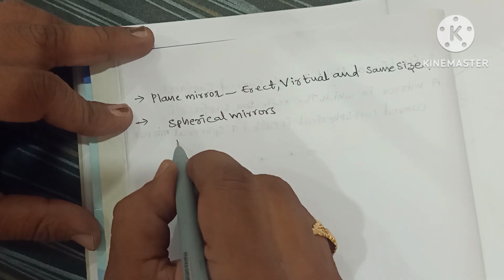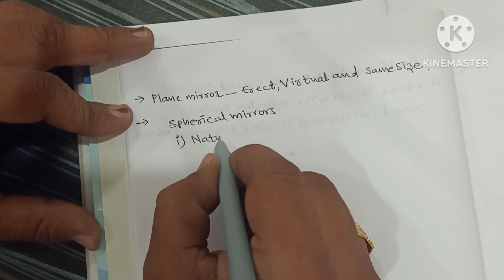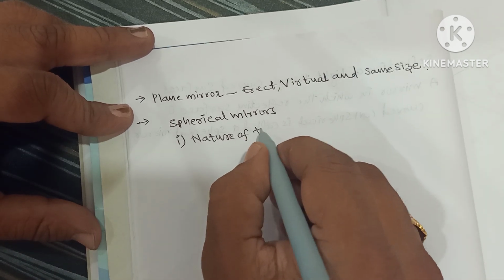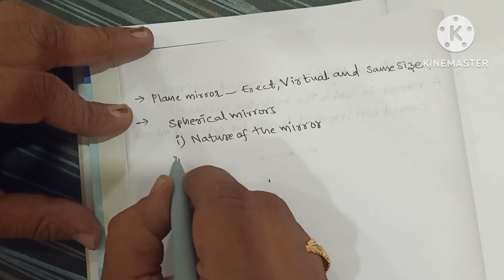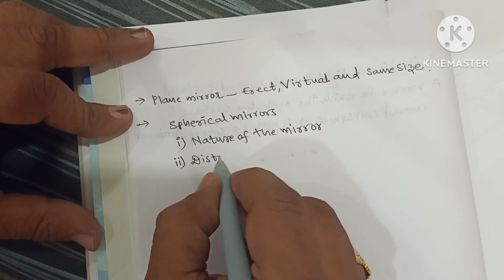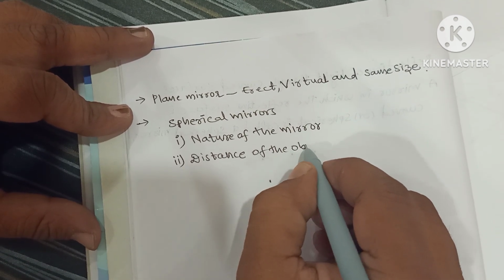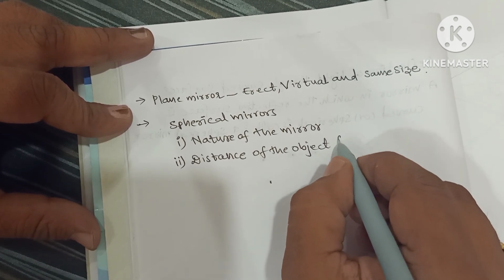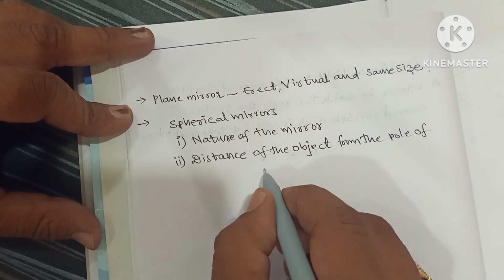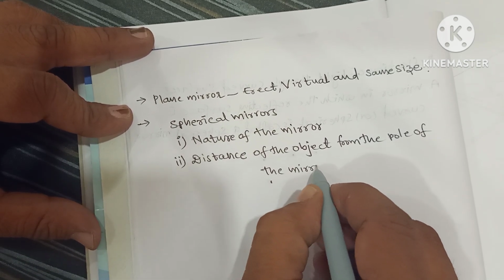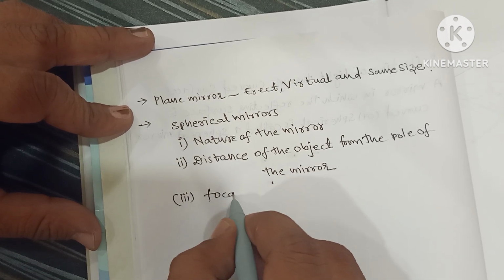What are those factors on which the images formed by a spherical mirror depend? The first one is the nature of the mirror, the second one is the distance of the object from the mirror or from the pole of the mirror, and the third one is the focal length of the mirror.